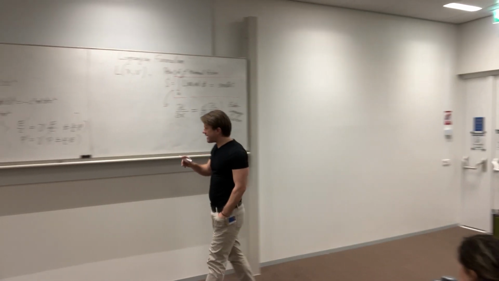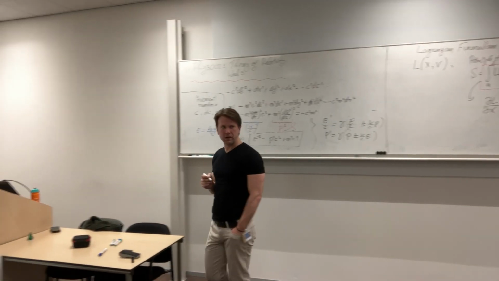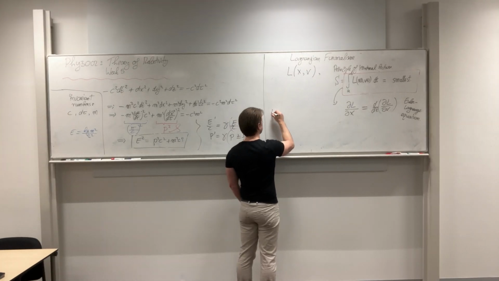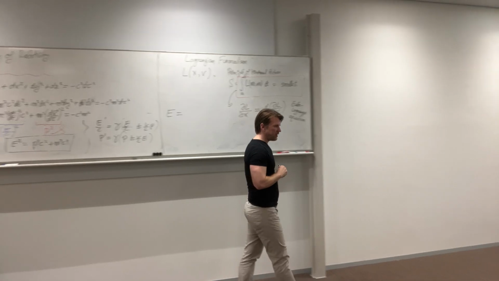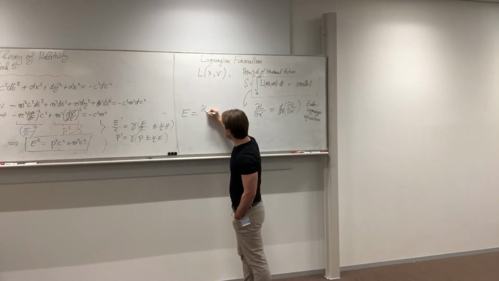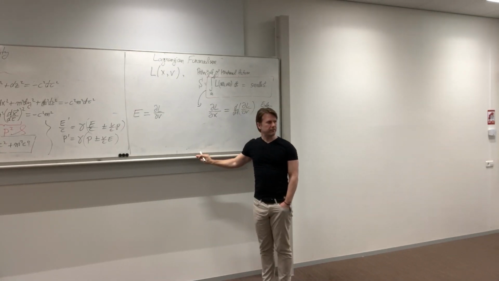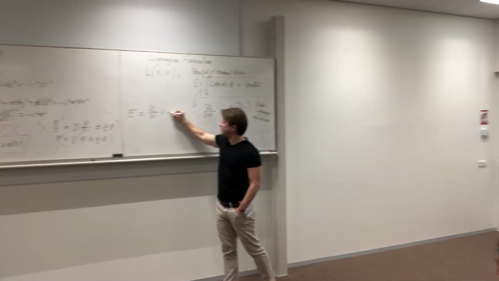And I will write down the expression for the energy that you get if somebody gives you a Lagrangian. If somebody gives you a Lagrangian and you want to know the energy of that system, it is given as follows. You take the Lagrangian, take the V derivative, multiply that by V again, and then subtract the Lagrangian.